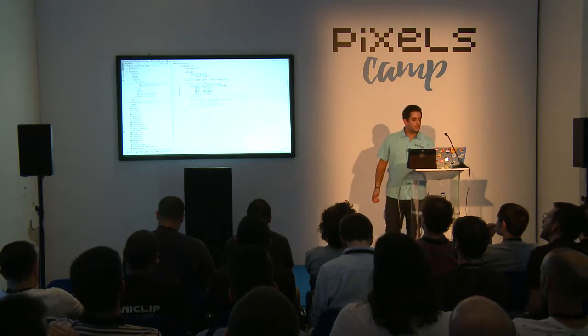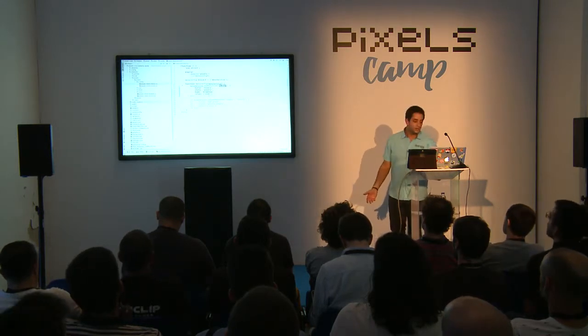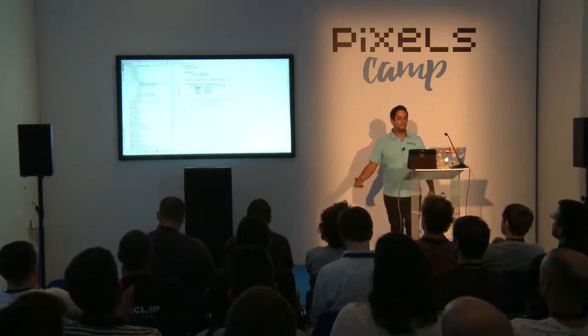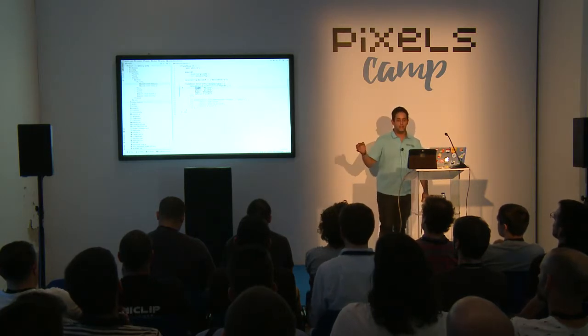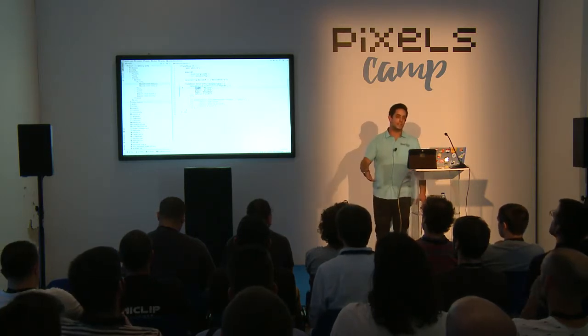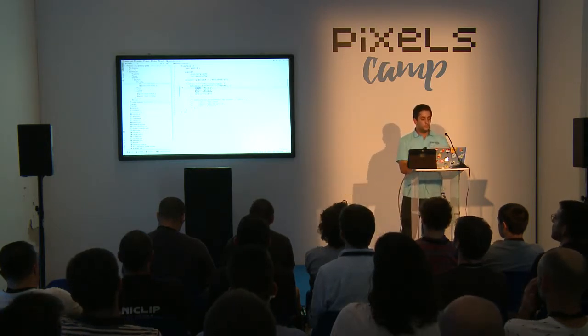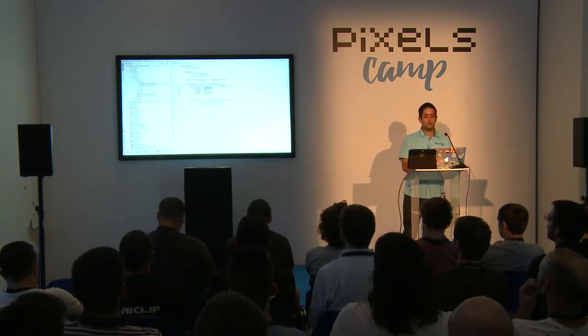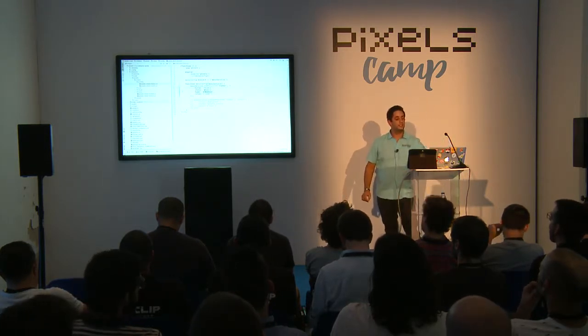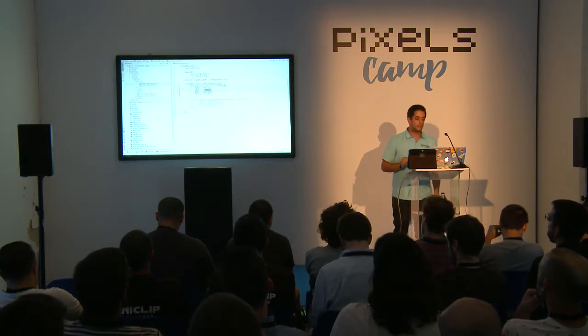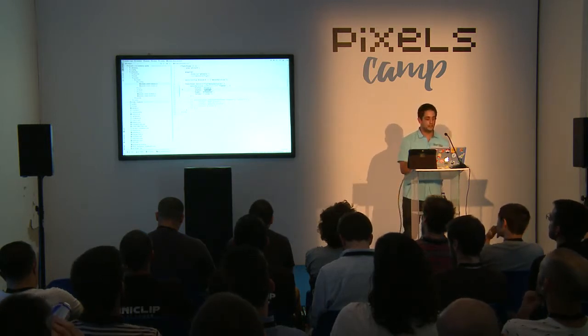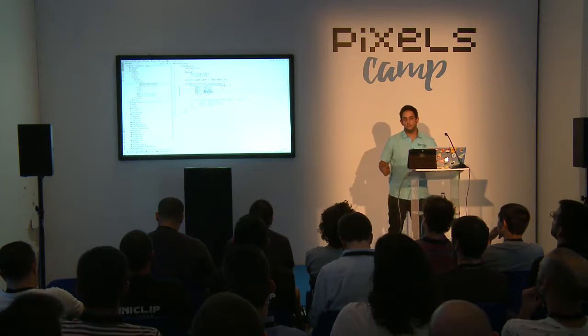So we give the menu a name, in this case the top bar, and then we give a title, a state, a type, and the roles that are allowed to access that specific item, okay? So what I added here was a menu item called pixels, which goes to the state called pixels. I'm going to explain what state is later on. The type is a drop-down, so it's not a button.